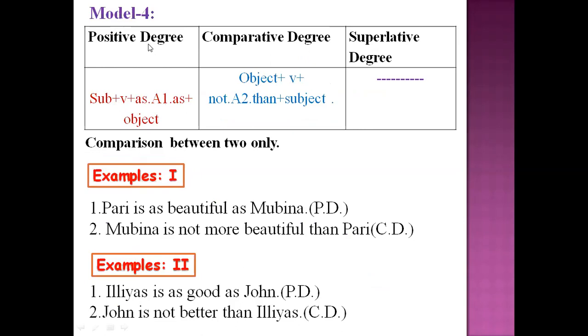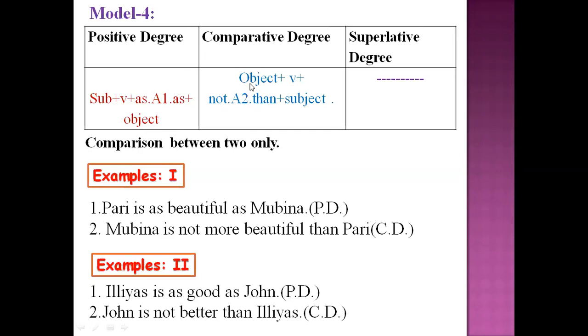A1 is a positive degree. As I told you in the starting slides, for positive degree we have to use as, which means there is no comparison. Here there is actually no comparison, that means they are equal in status, but not in comparative.